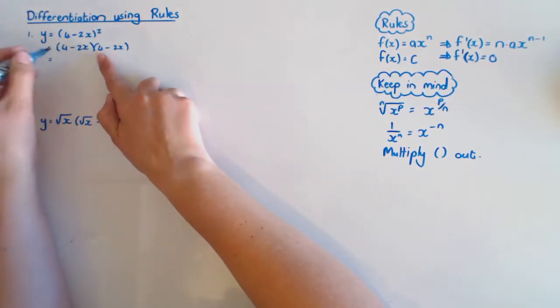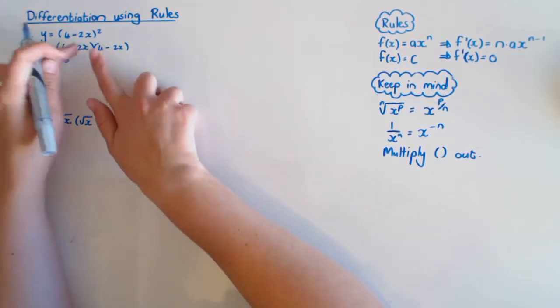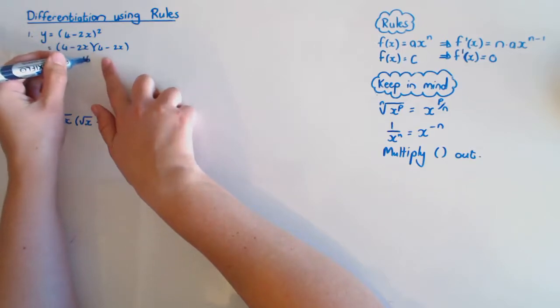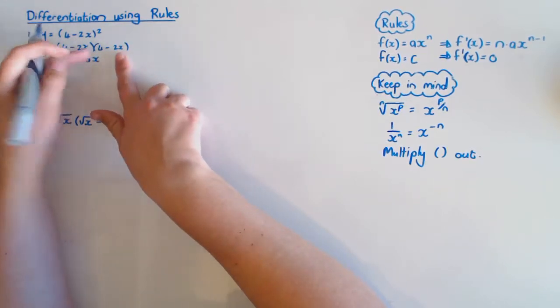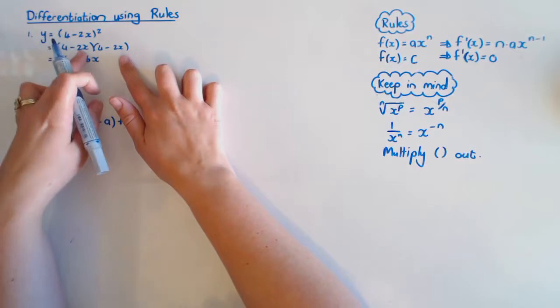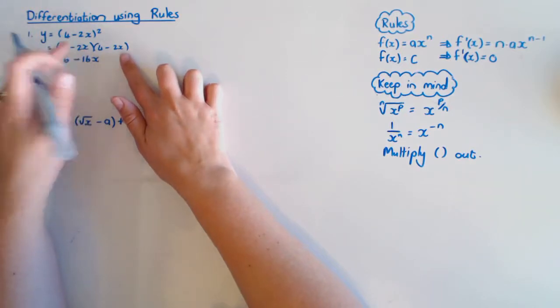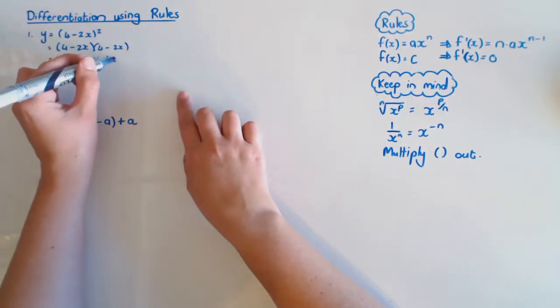So I've got 4 times 4 is 16, minus 8x, minus 8x, minus 16x, and I trust that you can multiply out brackets by this time. And minus 2x times minus 2x is plus 4x squared.